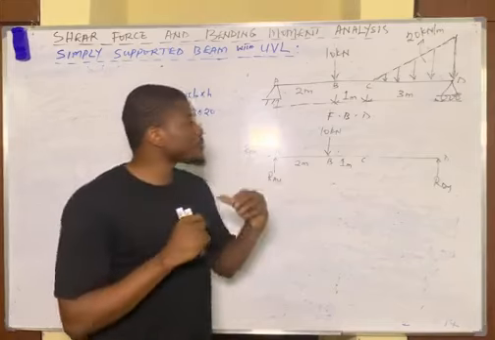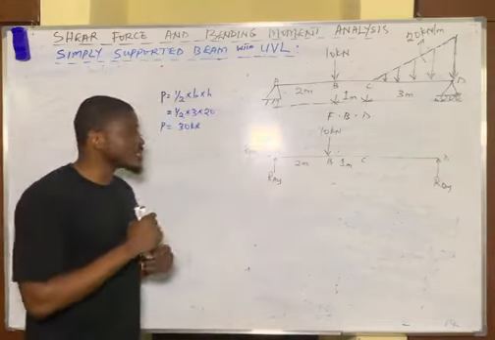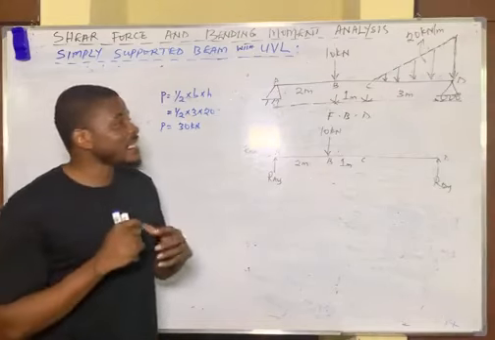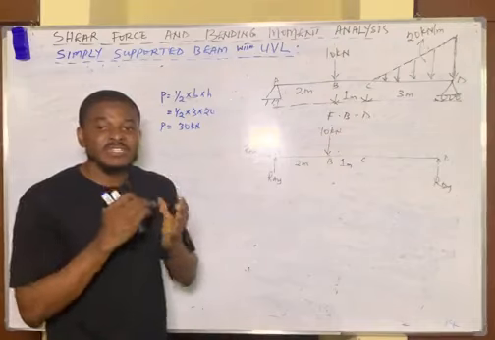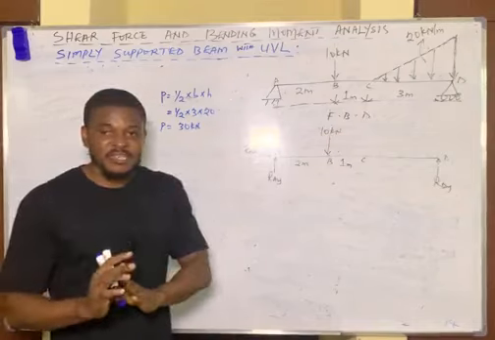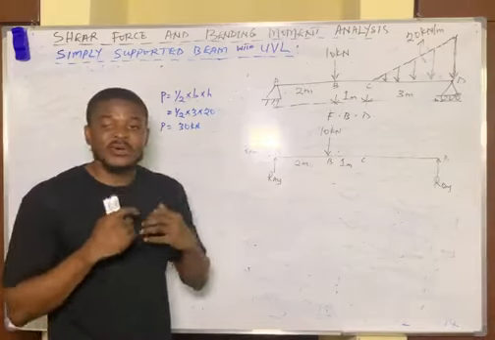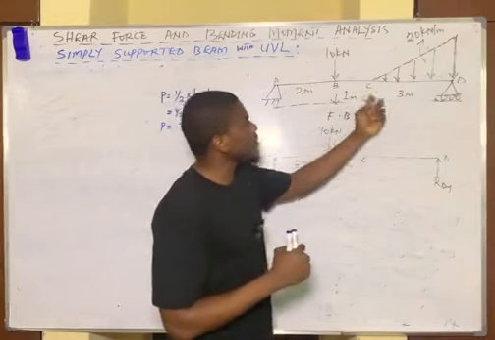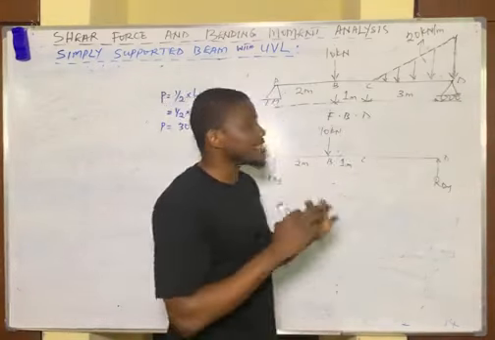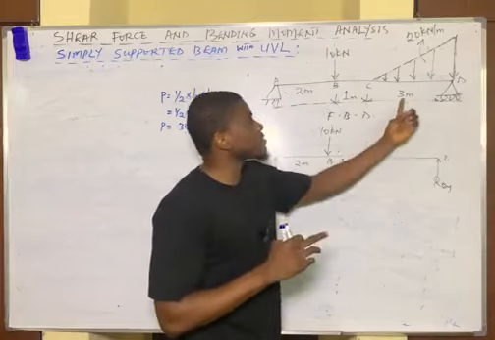Remember, this point load, 30 kilonewtons, will be placed either at 1 over 3 of the length of the UVL from the base, or 2 over 3 of the length of the UVL from the tip. This is the tip of the UVL, this is the base of the UVL. The length of the UVL itself is 3.